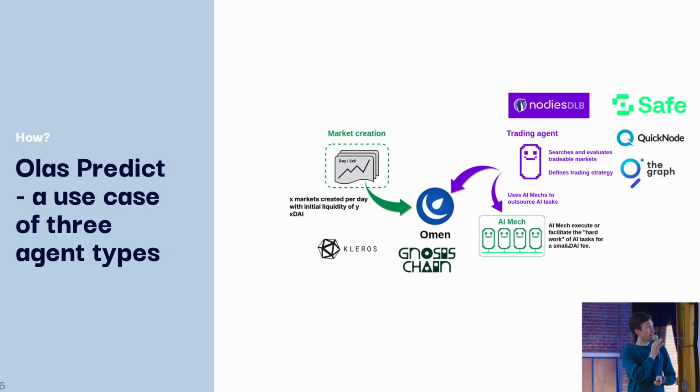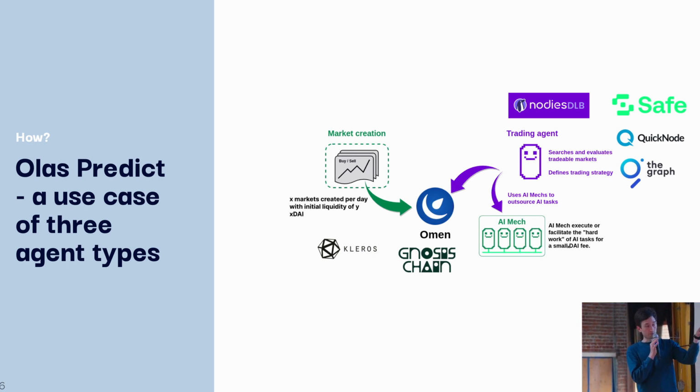Now, let's go to use cases, because so far it's been all rather abstract. The biggest use case we have live is one with prediction agents. There are 3 types, and then there are many copies of each run by very different entities in the Olas ecosystem. Effectively, it is one of the beautiful products, in my opinion, of autonomous agents, because it highlights this benefit of multi-agent systems.